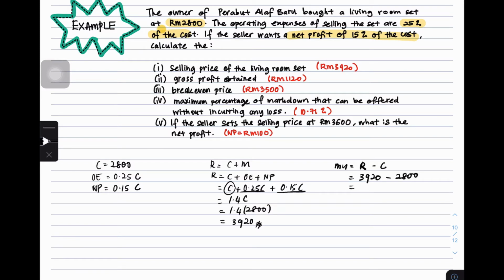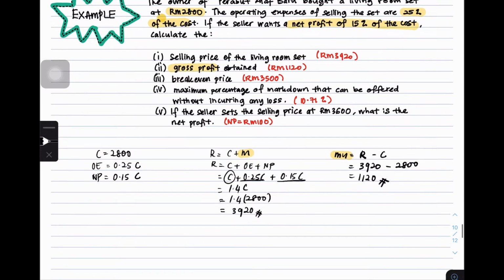So awak dapatlah markup price 1,120. So inilah dia gross profit. So awak kena understand when the question ask you about gross profit ni samalah maksud dia dengan markup. So macam mana awak nak dapat harga markup? R minus C, iaitu harga jualan tolak dengan harga cost. So kita dapat markup berapa? Markup kita adalah 1,120.